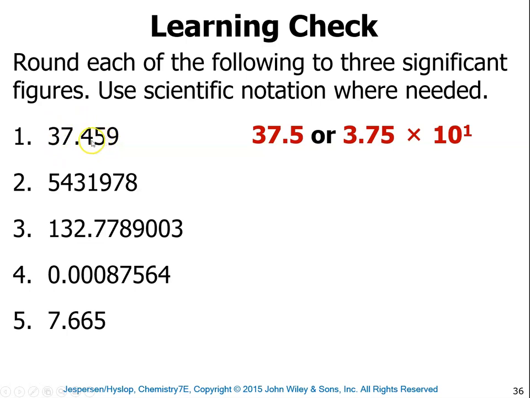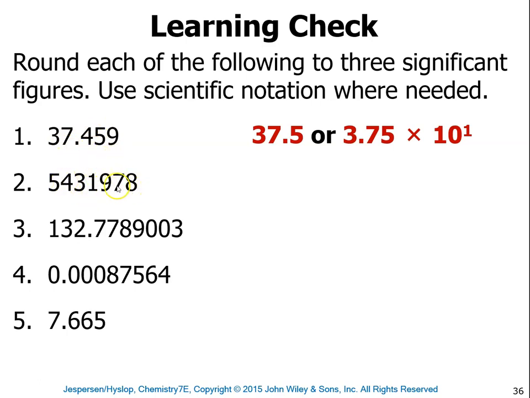We're going to round off the back end. And since this is 5 or larger, we're going to round that up to 37.5. Since that's 5, we're going to do the round-up rule.